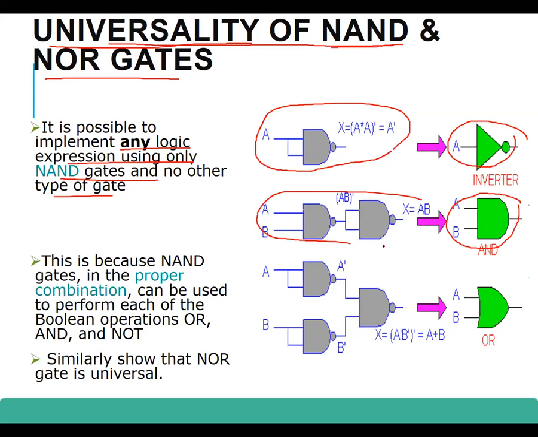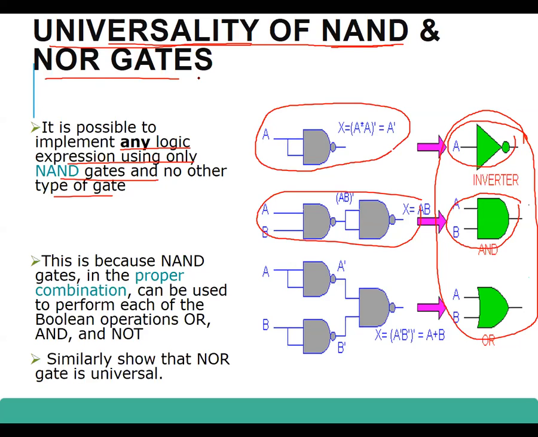If the basic gates can be implemented, then any logic expression should be representable by NAND gates only. So instead of using many types of gates, using a single type of gate, we can represent any given Boolean expression.